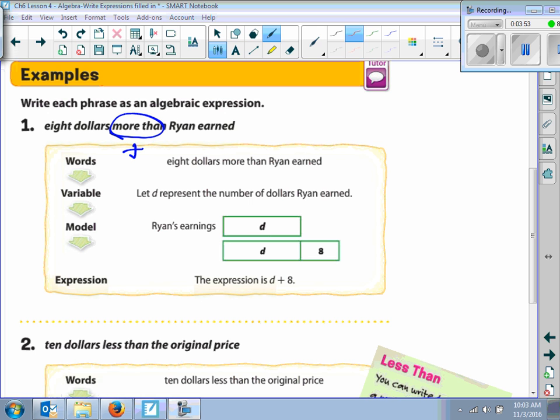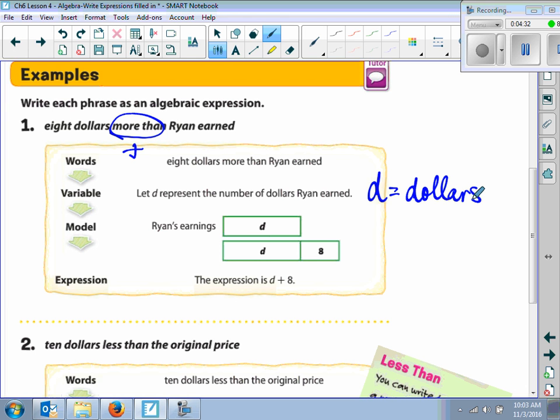So in words it says $8 more than Ryan earned. Now we're going to define the variable. So we can say D represents the number of dollars. Okay? So D is equal to dollars. Now, as a model, here, D, there's Ryan's earnings, right?